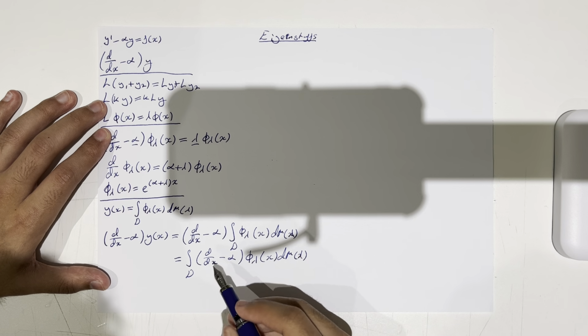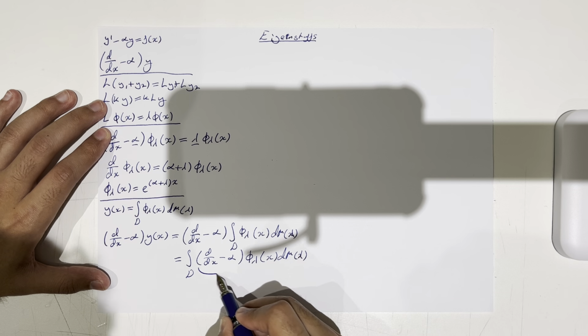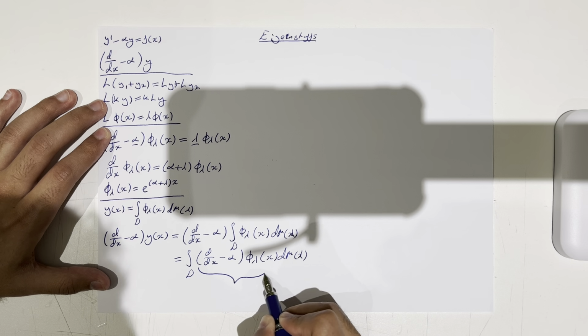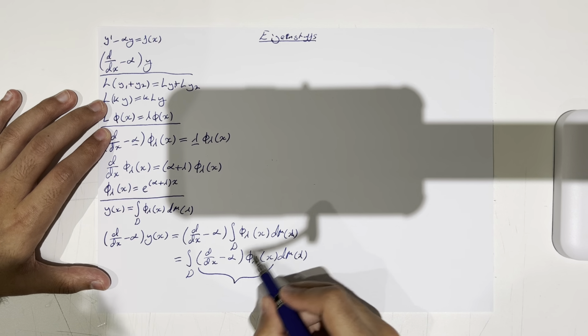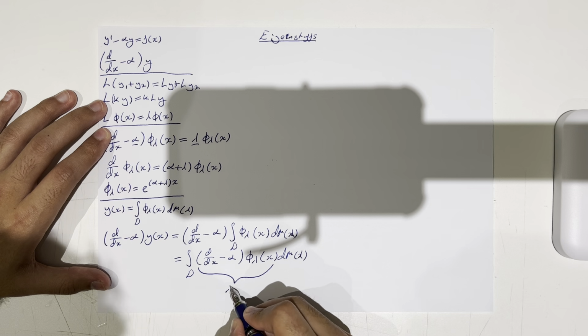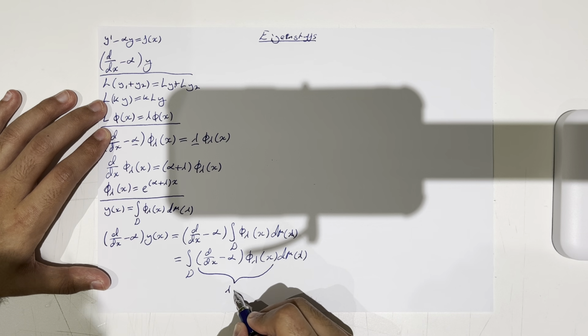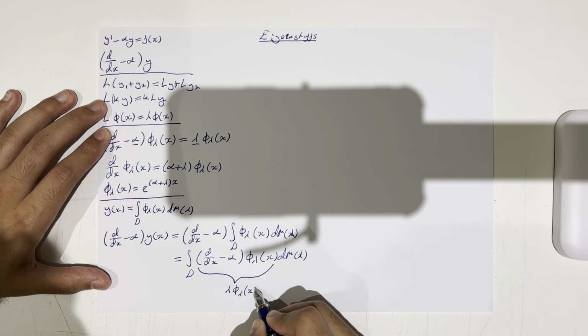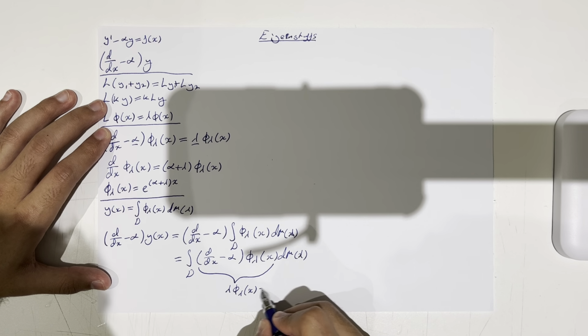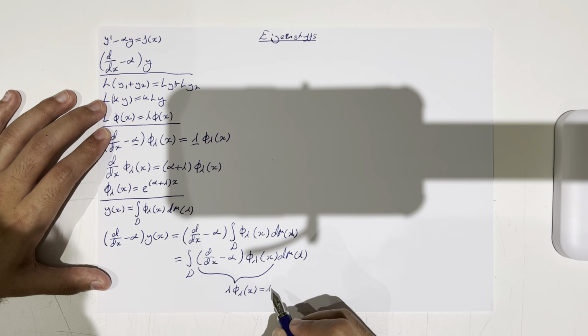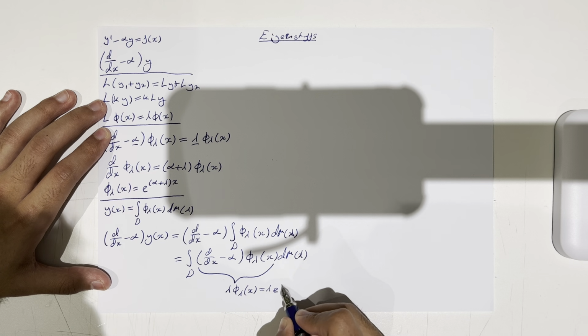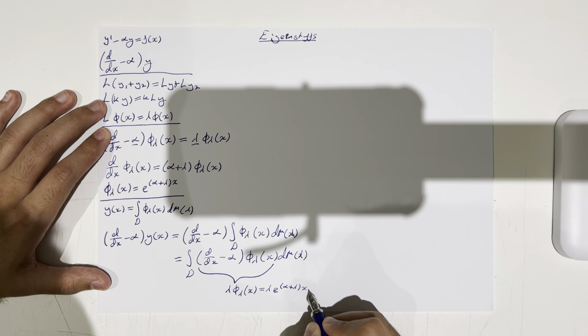Now we know what this is, since by the definition of an eigenfunction, this should be exactly lambda multiplied by phi sub lambda of x, which we can write out as lambda times e to the alpha plus lambda x.